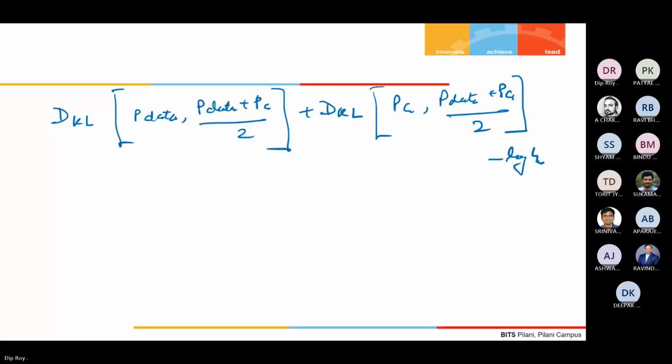Now we have talked only about KL divergence. There are a lot of divergences that are available. One such divergence is called the Jensen-Shannon divergence.